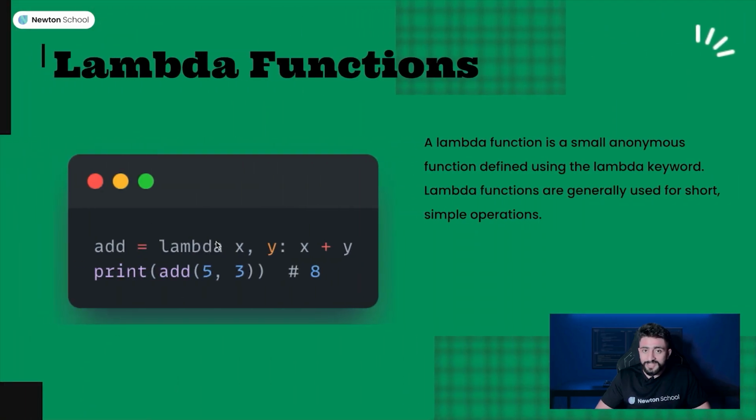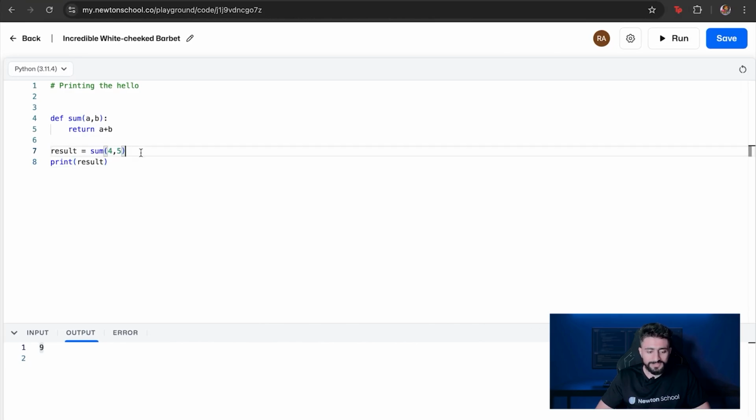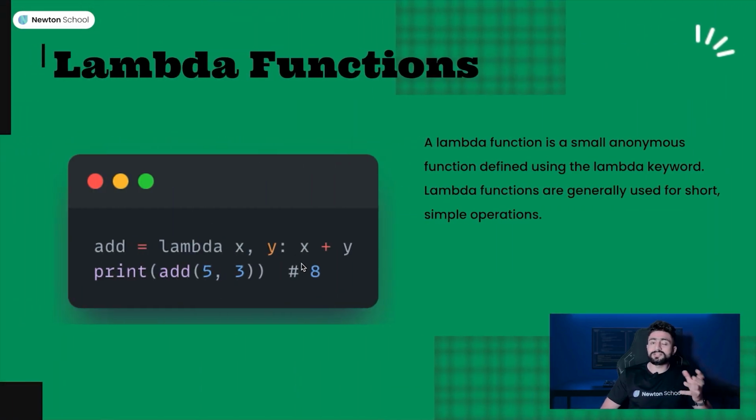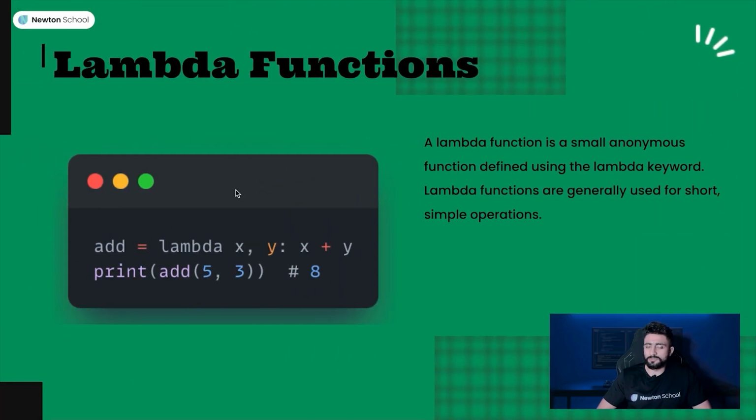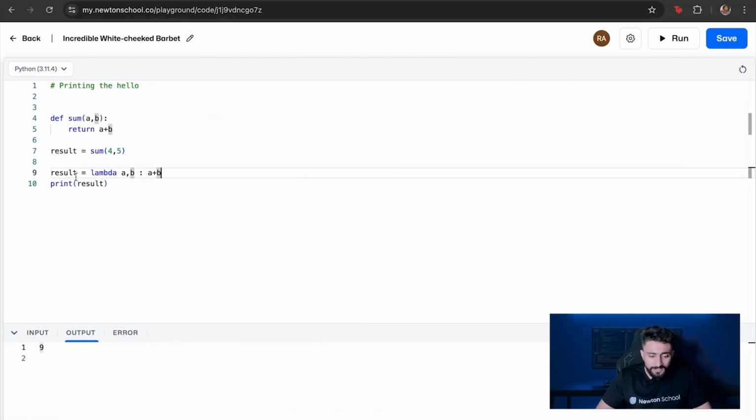But if I want to do this using a lambda expression, you can simply say result is equal to lambda. So lambda is a function; you are just writing it in a single line. Lambda, and then you need 2 arguments, a comma b, and then the logic, the expression you want to apply on those arguments. You want to return a plus b. This is nothing but a function, and the name of the function you have to give before the equal to.